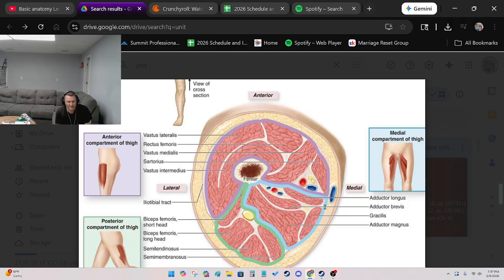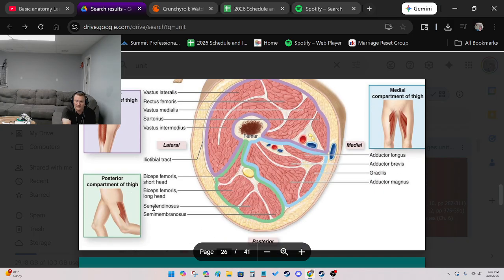And I don't know if you've ever heard of compartment syndrome, okay? Compartment syndrome is when there's so much swelling inside the sheath, the sock, that these guys all reside in. Okay, this posterior compartment of the thigh where your biceps femoris, semitendinosus, semimembranosus, they're all inside the same sheath. They're all inside the same sock.